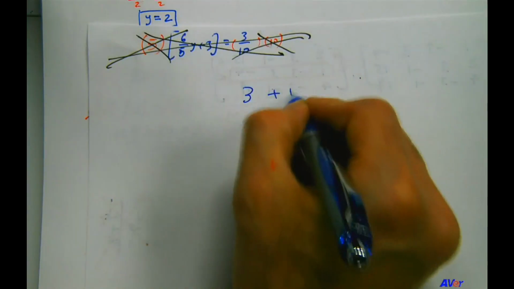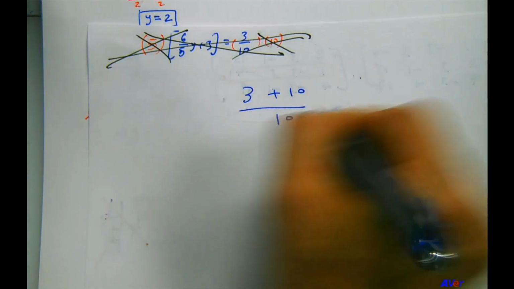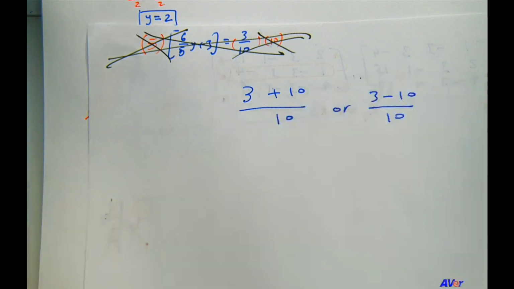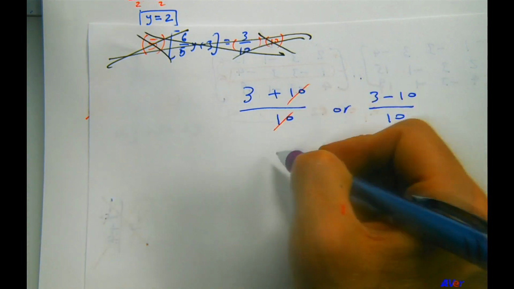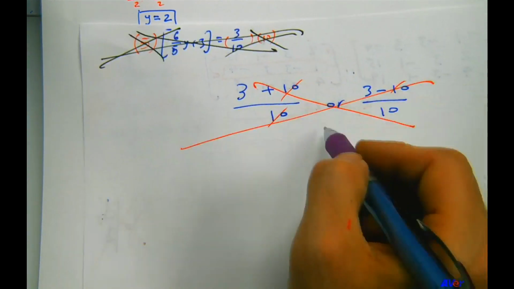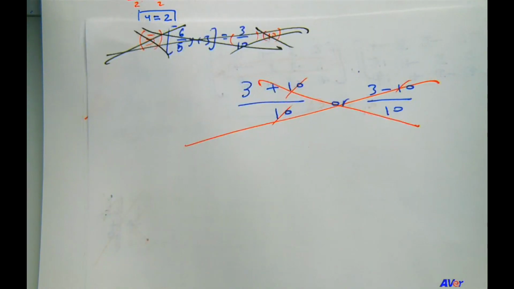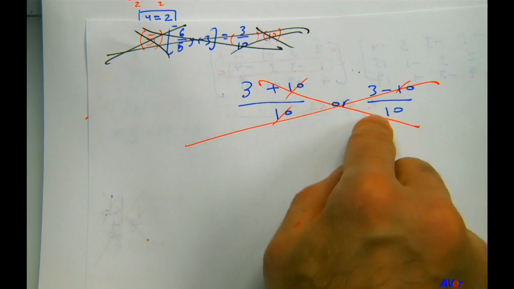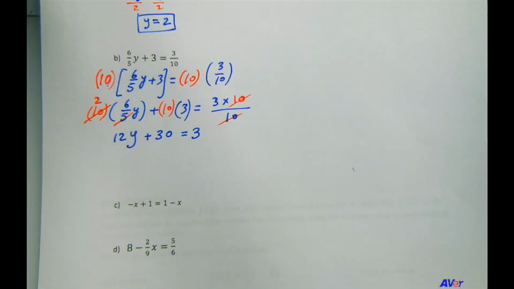Again, I've mentioned this last time before. If you have 3 plus 10 over 10 or 3 minus 10 over 10, you cannot do this. You cannot do that. If you have numbers or entities added, you cannot cancel them like this. Or let me give you a better example.